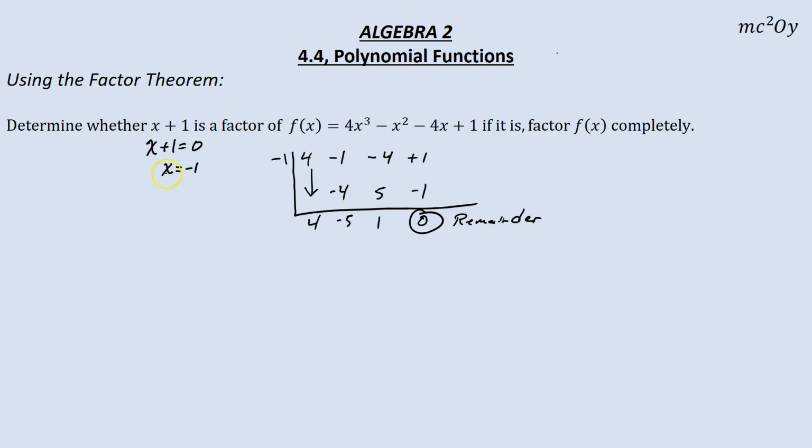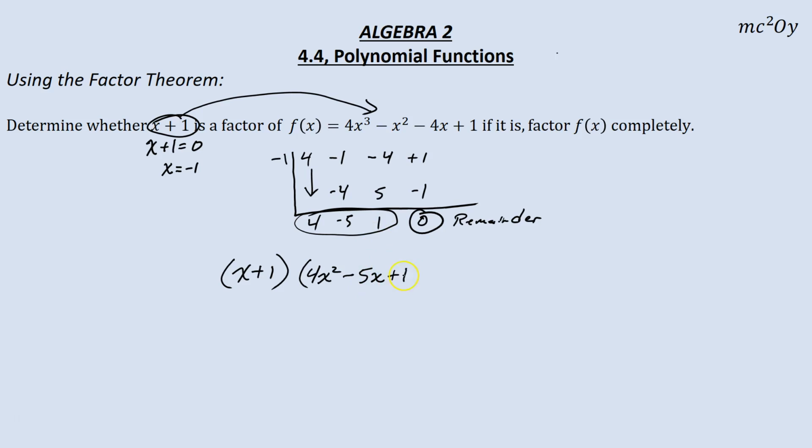That means x plus 1, right here, is a factor of this. X plus 1 goes into f of x this many times, and that many times represents 4x squared. Remember, it's always 1 less than that power, minus 5x plus 1. Which means we've now factored it.